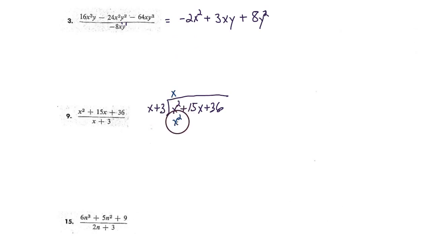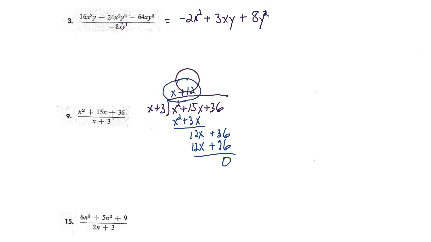I'm always trying to make something here that is identical to what's right up above. And then x times 3 makes 3x. Now subtract. We get 12x. And bring down the next number. Then x times positive 12 makes 12x. And 12 times 3 is 36. The remainder is 0, so we're done. Here's the answer up above the bracket.